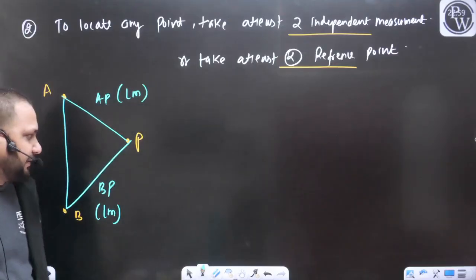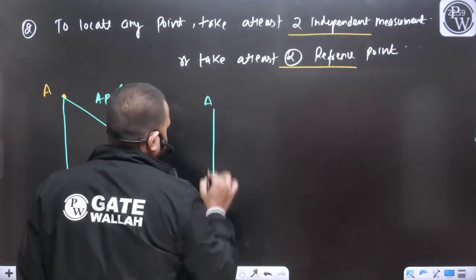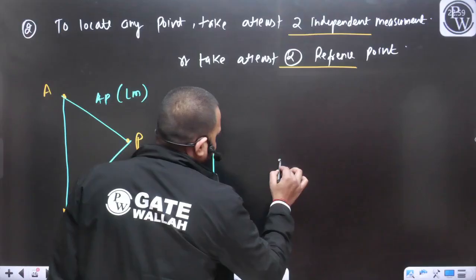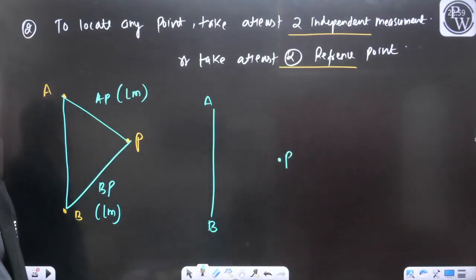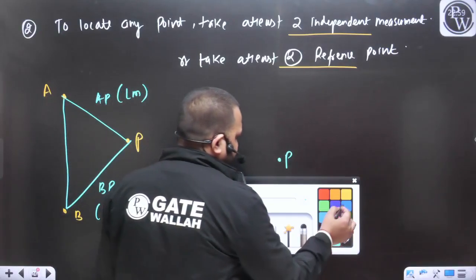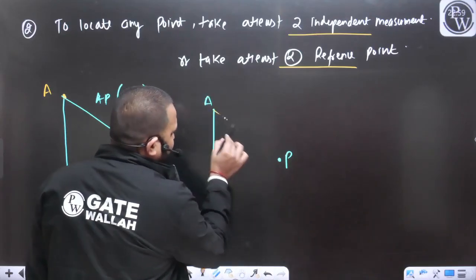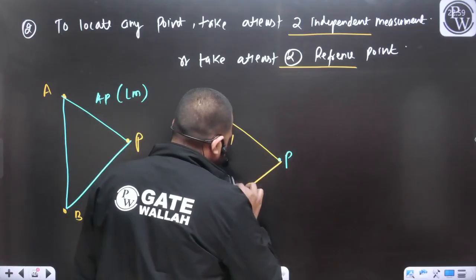Let's take one more example. Let's say this is your line AB. Again, I want to define the position of the point P. Now I don't want to perform the linear measurement. What I will do is measure this angle theta1 and this angle theta2.